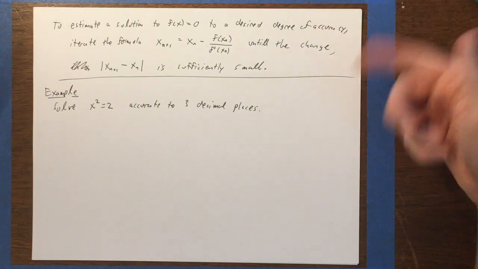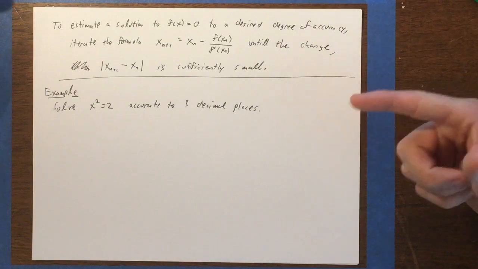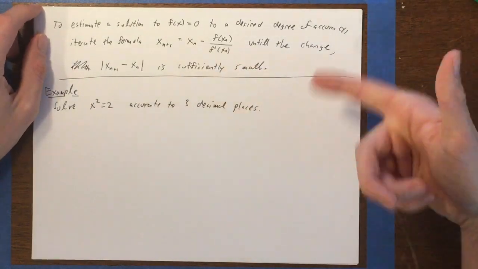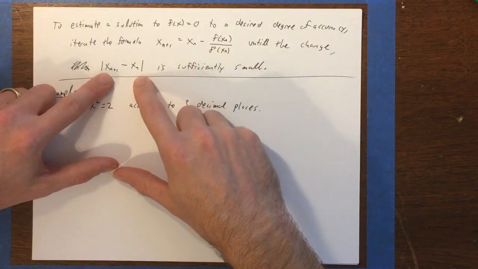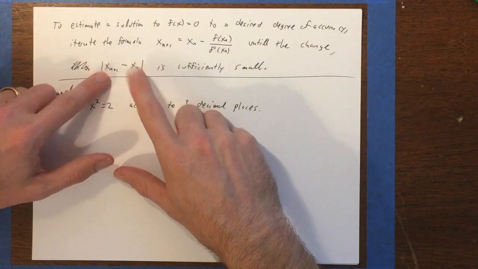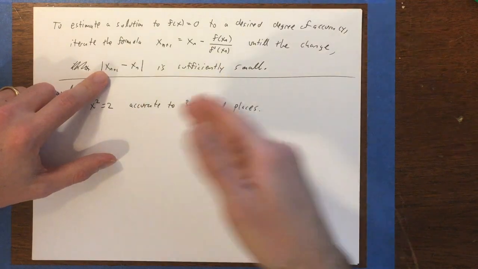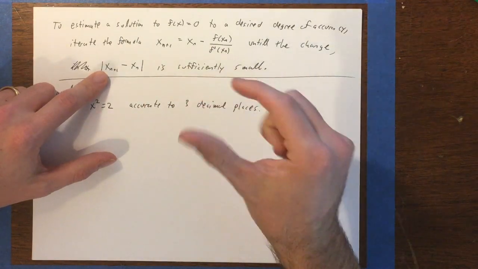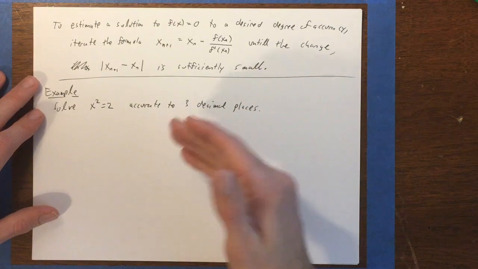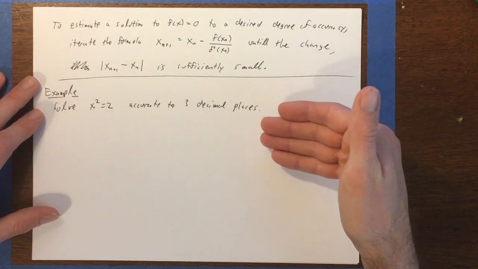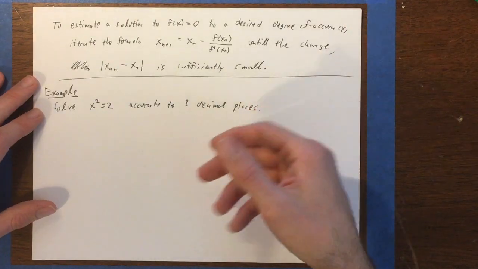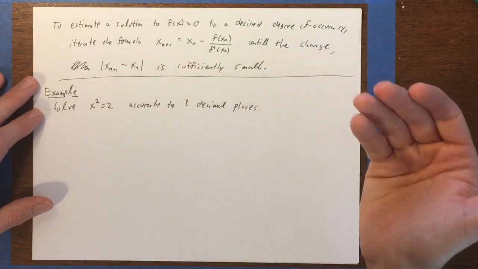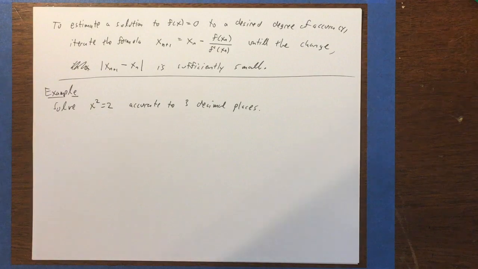What you're going to do is keep iterating this formula, getting closer and closer guesses until the change in the guesses, like the n plus first number minus the nth number, is sufficiently small. So basically until it stops changing significantly. And then you'll start to see the decimal places agreeing with one another. And if they agree with one another out to, say, the 4th decimal place, then you can conclude that it's accurate to 4 decimal places.